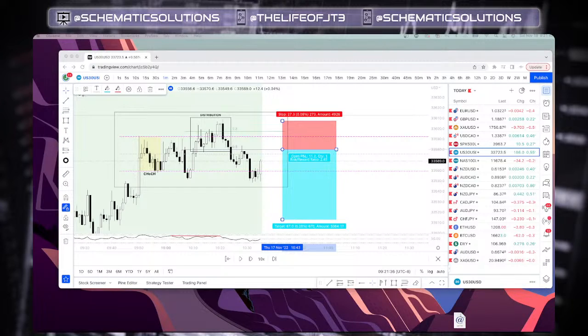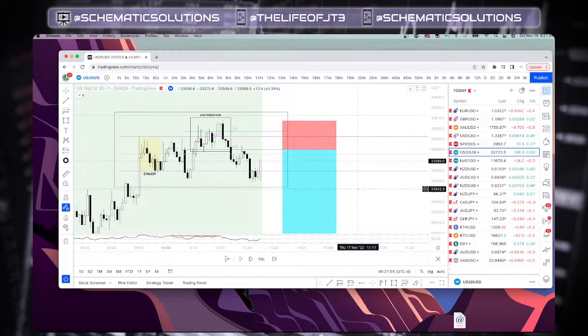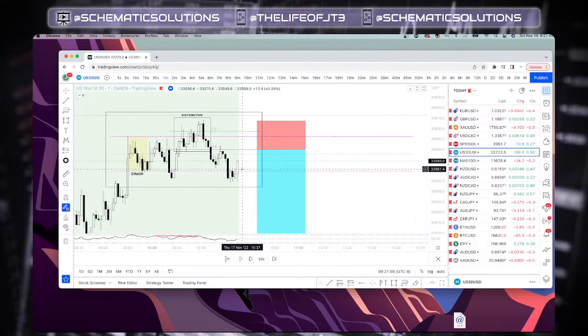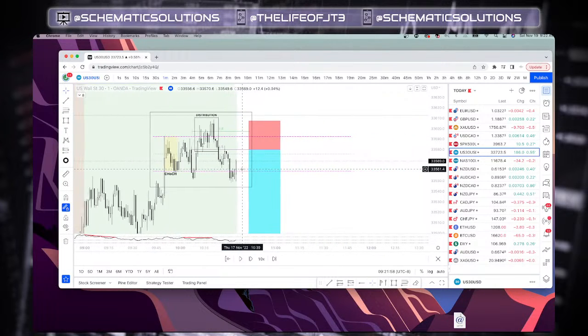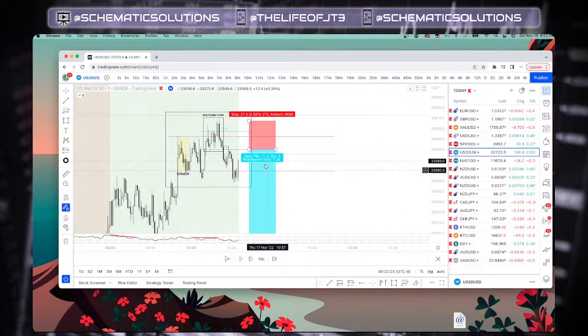It was like 33382, 33383, 33382. That was the first area we were looking to take it down to, simply because that's where it maxed out. But it's where we actually took our first partials on our next entry.